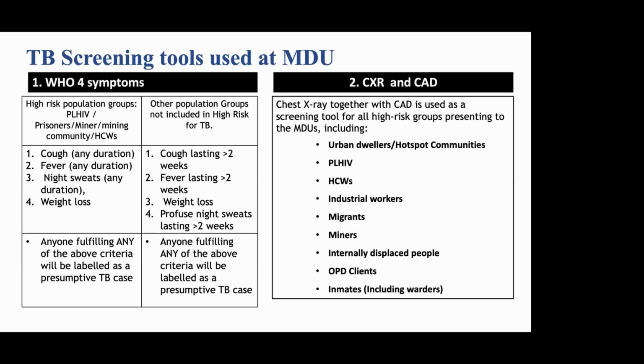And this is how it was split. So when we're facing minors, people living with HIV, prisoners, healthcare workers, you can see how it was used. It was any cough, any fever, any night sweats, any weight loss. Whereas in other settings, it would be, as you can see on the right, on the chest X-ray side.